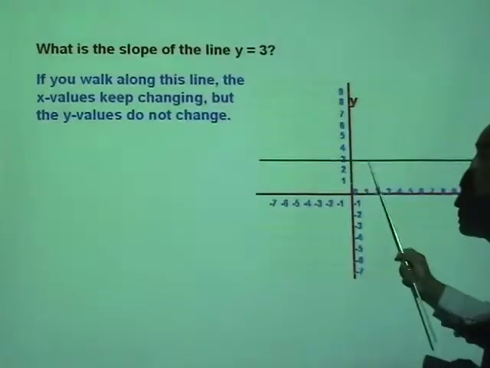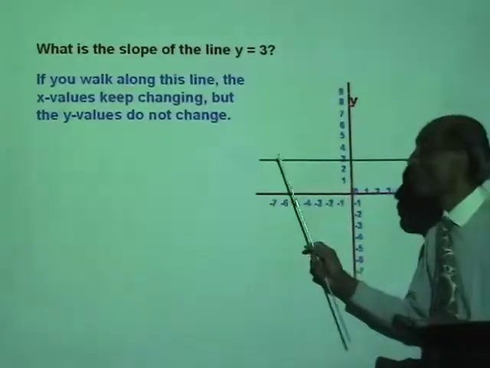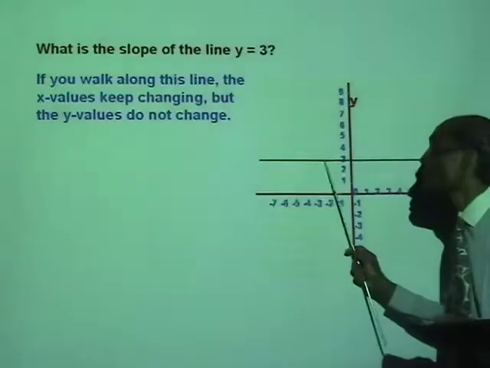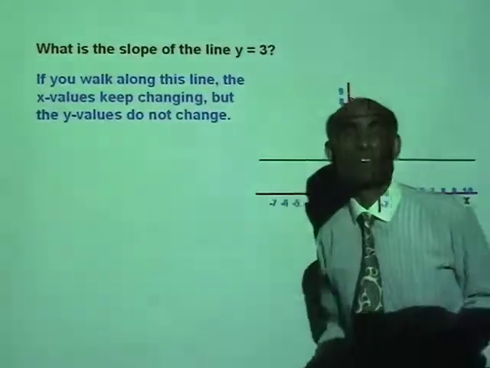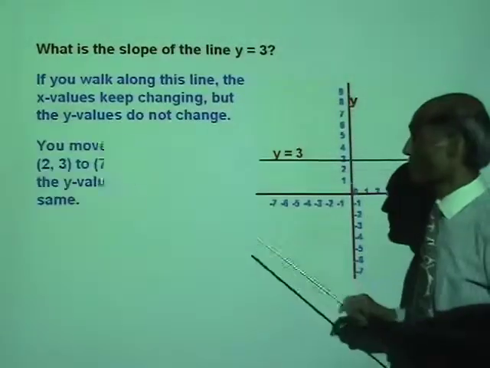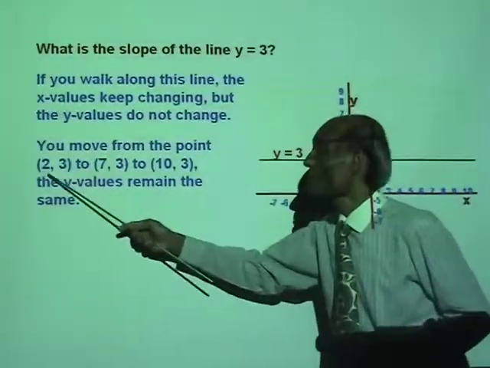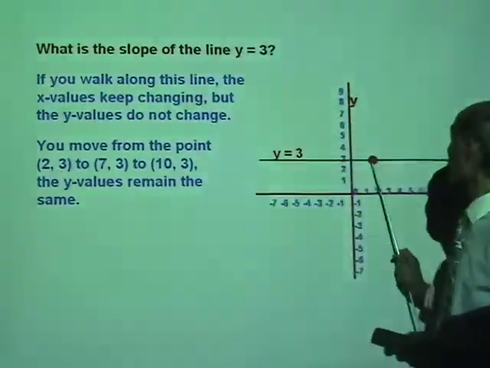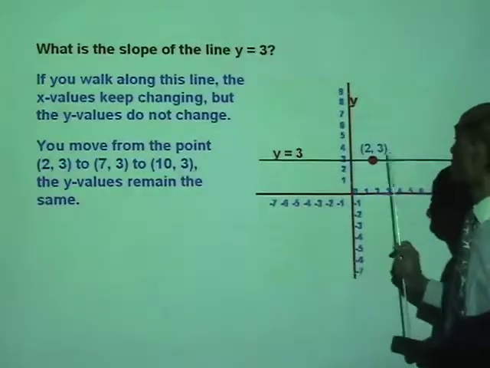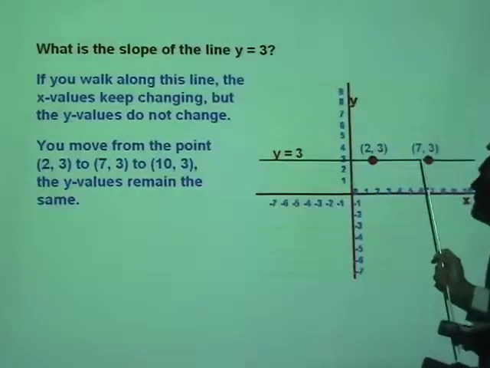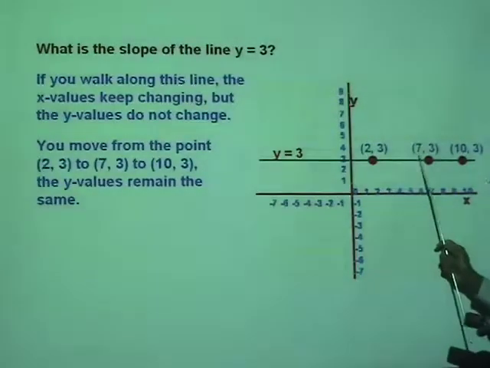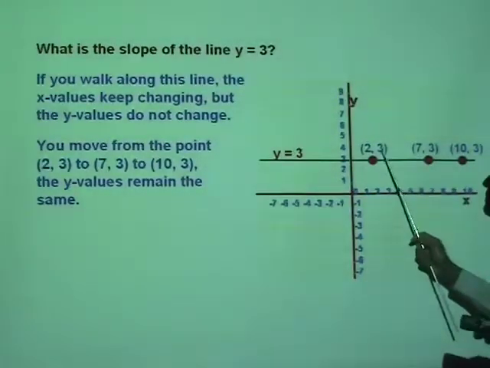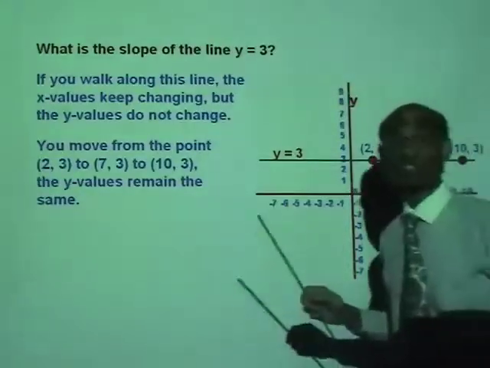X will keep on changing, but y will always remain a constant. Y will not change. Right? Now, you move from 2, 3 to 7, 3, to 10, 3. The values of x changed, but the y values did not change.